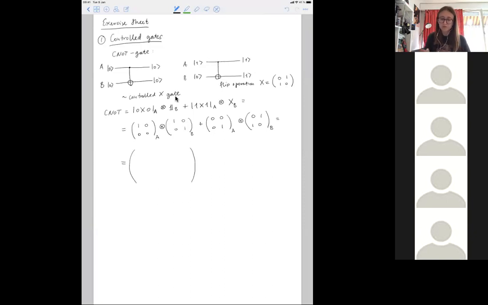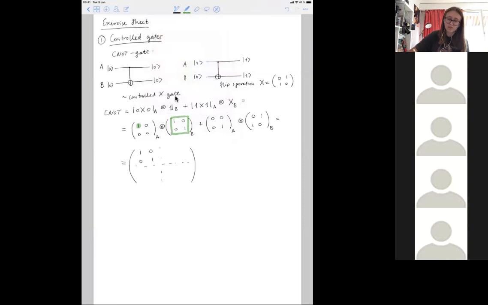So if we multiply two 2 by 2 matrices with the tensor product, then what we get is a 4 by 4 matrix. And the way we multiply is, first we take this element here, and then we take this element and multiply it with this matrix. We get just 1, 0, 0, 1.